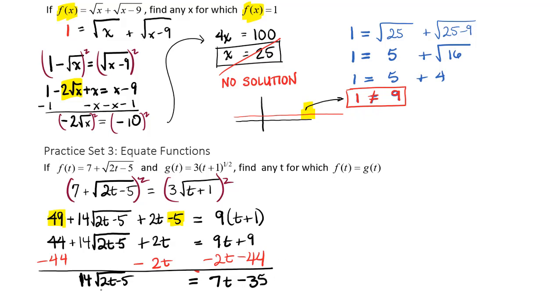All right, I've isolated the radical once again, and I have 14 times the square root of 2t minus 5. You might be asking yourself why I'm not dividing over the 14, and the main reason is it is going to turn the right side of my equal sign into a fraction, and I don't want to deal with a fraction. So it's easier just to square the 14 with the radical it's multiplied to instead of bringing it over. 14 squared is equal to 196.